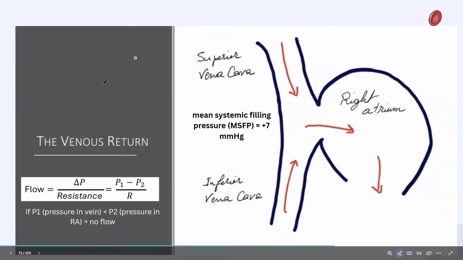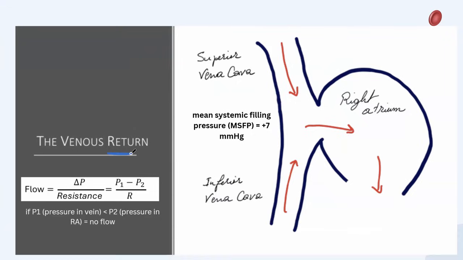Next, let's talk about venous return. So venous return is basically all the blood that returns to the right atrium, okay? Here you can see it says mean systemic filling pressure. So mean systemic filling pressure is the average pressure in the systemic circulation when the heart stops and blood redistributes evenly. So if your heart stops, God forbid, all the blood is going to redistribute evenly throughout all of the blood vessels.